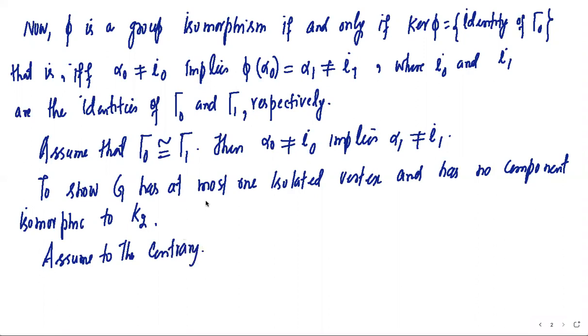First we will assume that it has at least two isolated vertices and we will get a contradiction, and then we will assume that it has some component isomorphic to K2. Again we will get a contradiction. So assume the contrary, that G has at least two isolated vertices.